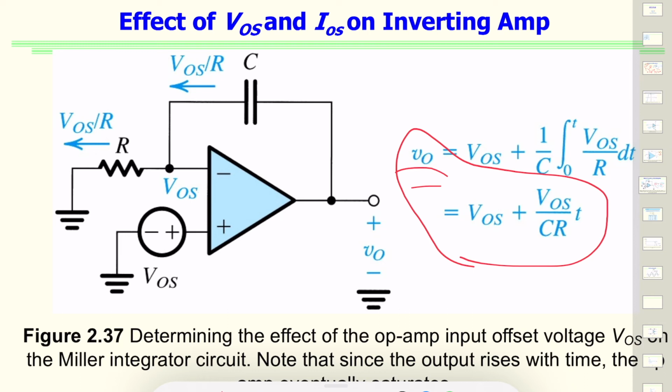If you think about offset current, it will flow through the capacitor and cause the output voltage to ramp linearly with time again until the op amp saturates. We saw that before, where in the integrator we added an RF to make the circuit behave for DC also. That resistor provided a DC path when the capacitor was an open circuit.